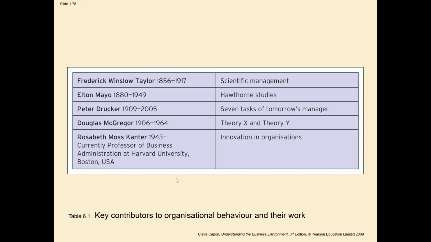Elton Mayo followed on with some very famous experiments, the Hawthorne studies, which basically tell us that if you're monitored or reviewed, your performance changes. Peter Drucker, from 1909 to 2005, looks at the seven tasks that tomorrow's managers looked at.